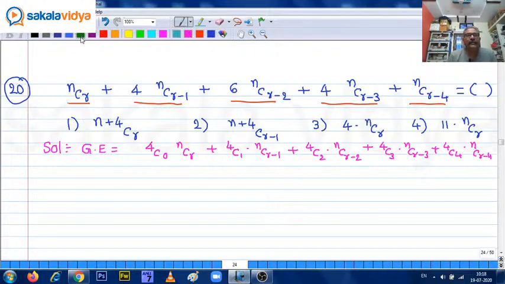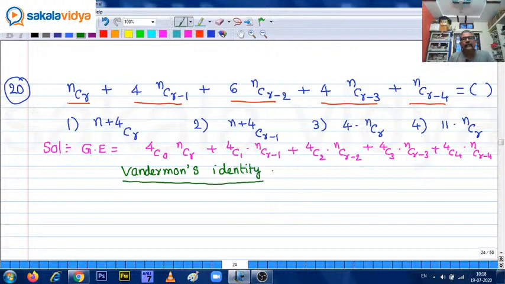What is the identity? That is Vandermonde's identity. What does Vandermonde's identity state?